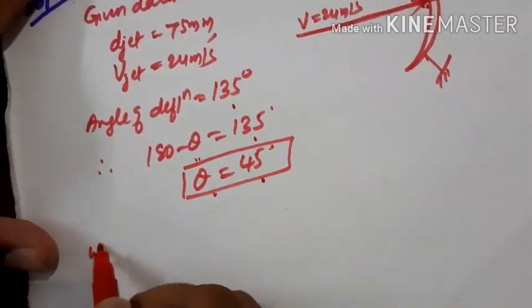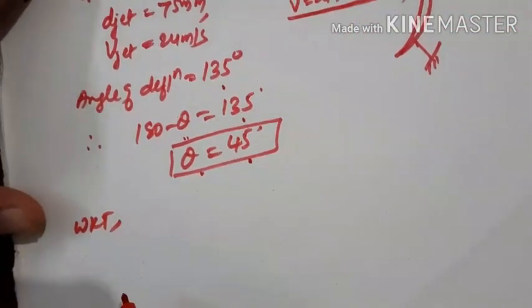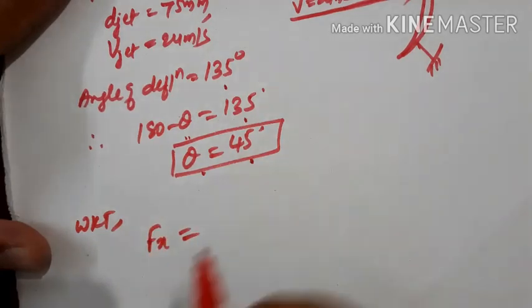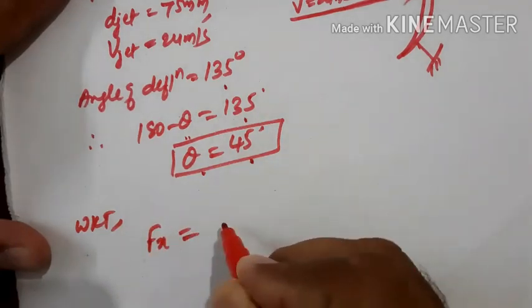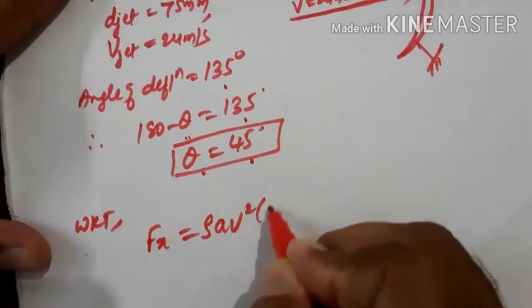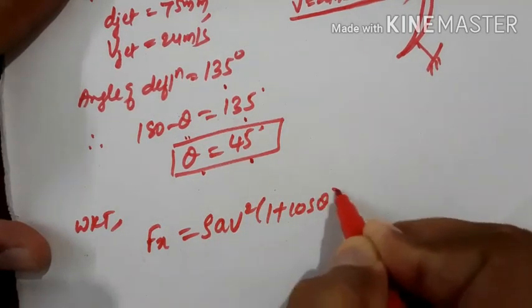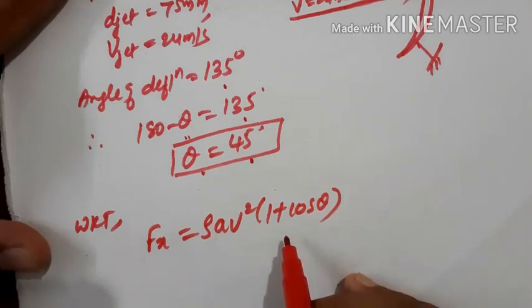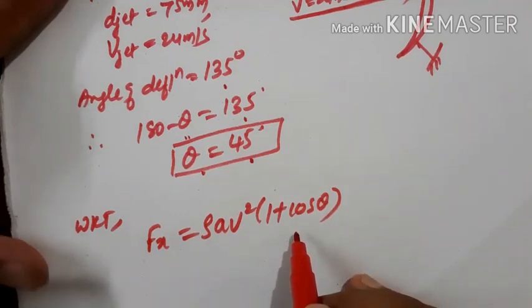We know the equation for the force when the jet is striking at the center: Fx equal to rho a v square into 1 plus cos theta. This equation we already know, because in the first case we derived the force exerted by the jet at the center for the stationary vanes.